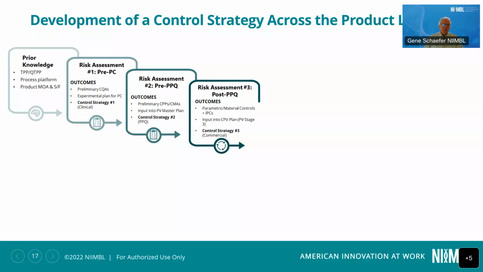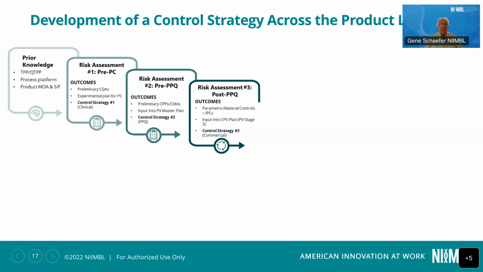Most companies these days are operating on a very accelerated timeline. They're not waiting until process characterization is finished. They're moving forward into the initial clinical runs based on platform knowledge and some initial studies on the product.